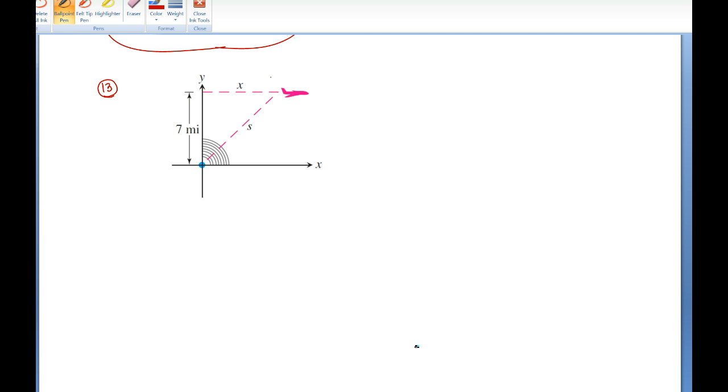When the plane is 10 miles from the antenna, so when S equals 10, the radar detects the distance S is changing at the rate dS/dt, so 300 miles per hour. What is the speed of the airplane at that moment?